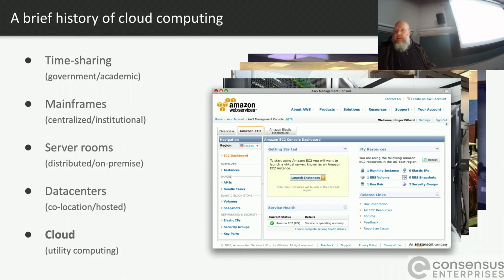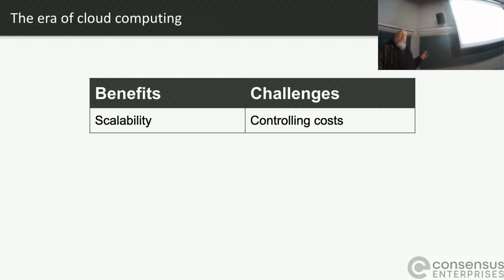We're going to see now that as we get into the cloud computing space, there's a number of benefits and associated challenges. And one of them, as we'll see, is actually the amount of effort that goes into it. So scalability is definitely one of the benefits, right? If you're running a system and some tweet gets retweeted by somebody famous, you could have millions and millions and millions of hits suddenly.